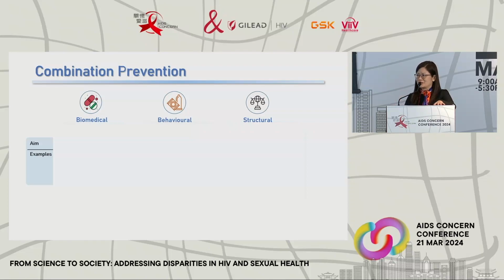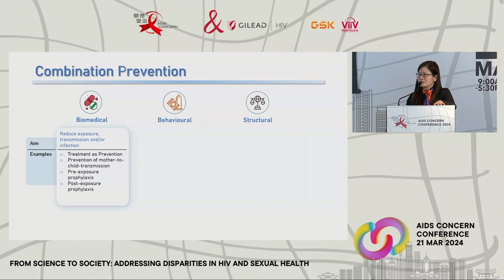the combination prevention. The combination prevention can be categorized into very broad categories. The biomedical, which uses antivirals to reduce exposure, transmission, and infection. Examples include treatment as prevention, preventing MTCT, and also antiviral medications in the context of pre-exposure and post-exposure prophylaxis.